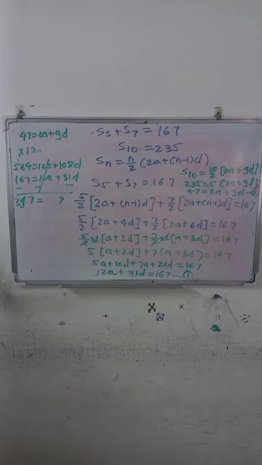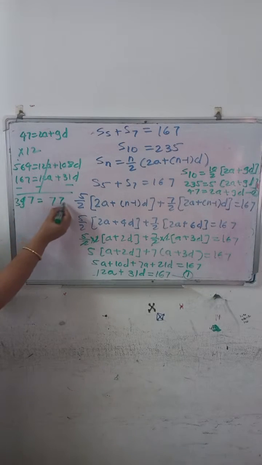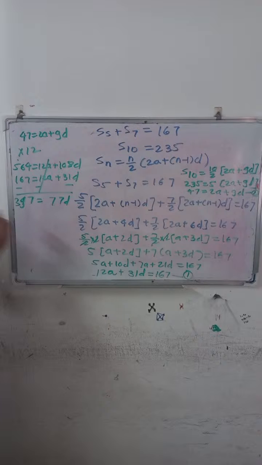Sorry, not 10 plus, yeah, 7. 7d, 77. So check here 397 by 77 whether it is divisible or not.